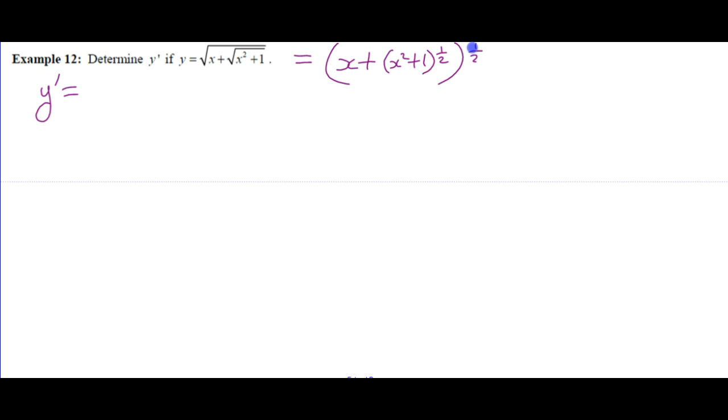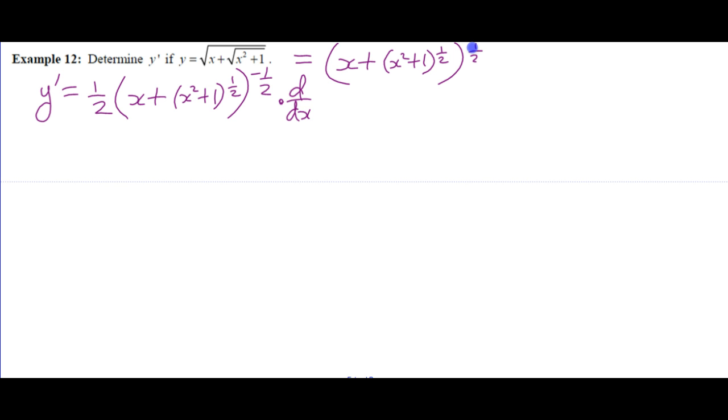It's taking the square root of whatever's in the brackets, right? So y prime is 1/2 times whatever's in the brackets, x plus x squared plus 1 to the half, to the negative 1/2, times the derivative of whatever's inside.